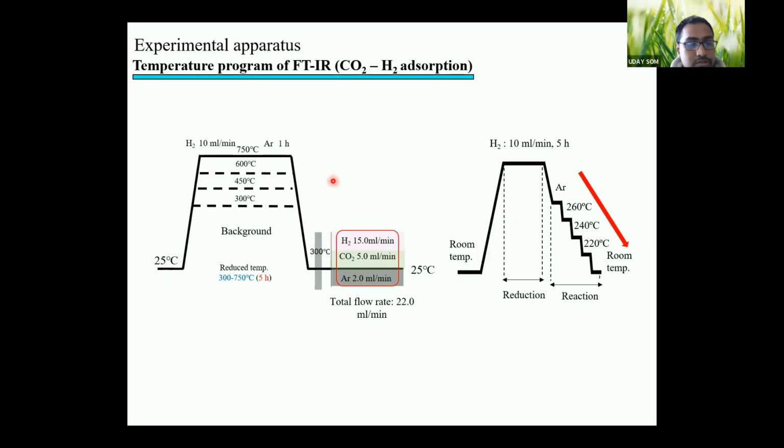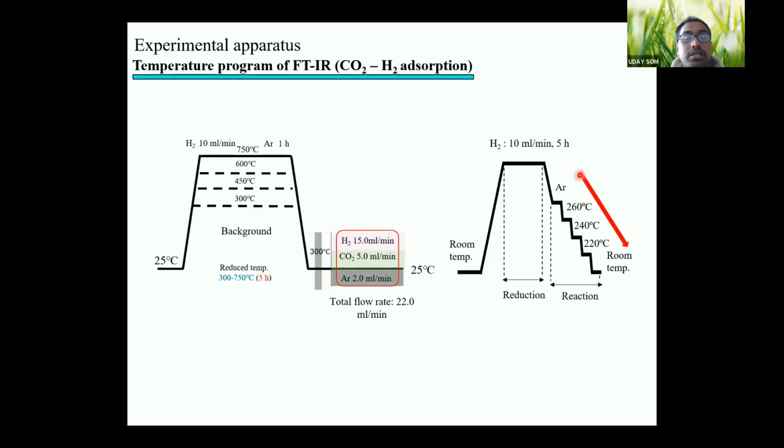After finishing, we cool down in the FTIR spectroscopy. After that, at 300 degrees centigrade, we reacted. The reaction flow is hydrogen 15 milliliters per minute, carbon dioxide 5 milliliters per minute, and argon 2.0 milliliters per minute.